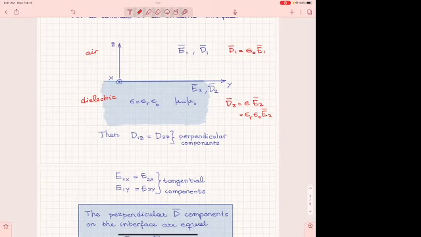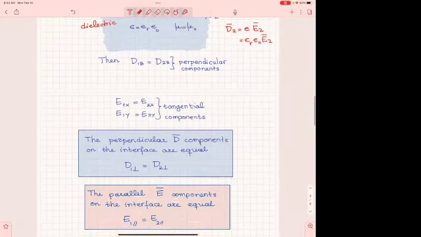This is how we do it. And therefore, instead of saying I have three separate components of the electric field and of the electric flux density, I say that I have two types of components. A perpendicular that goes along the Z direction, and I show it like that. That is a perpendicular.